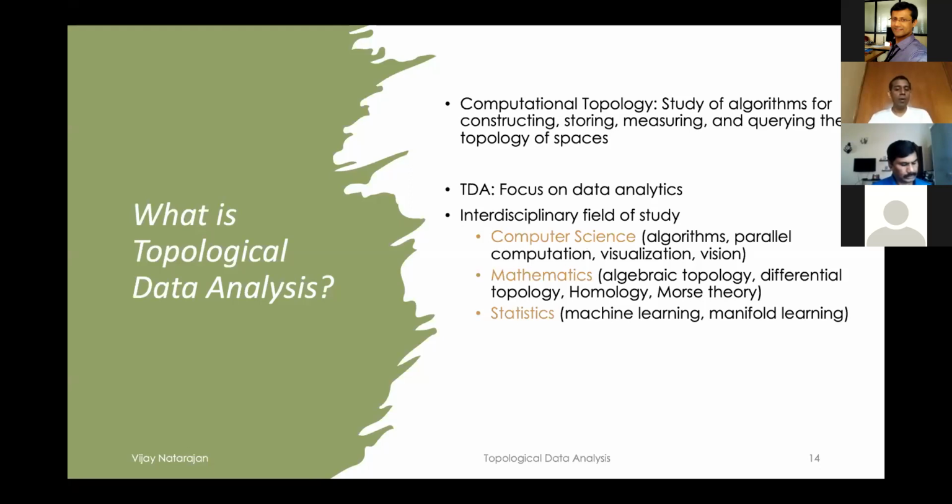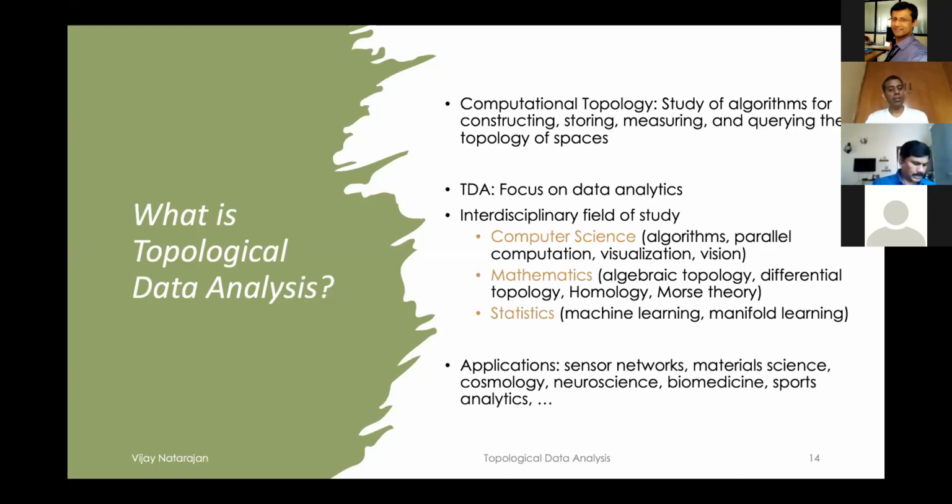Some of the researchers who are looking at topological data analysis come from a typical computer science background with interests in algorithms, fast computation, visualization, computer vision, and so on. There are several statisticians and mathematicians who are interested, for example, in machine learning, manifold learning, etc., and topologists who are interested in different aspects of topology, who are working together to develop these new techniques for data analysis.